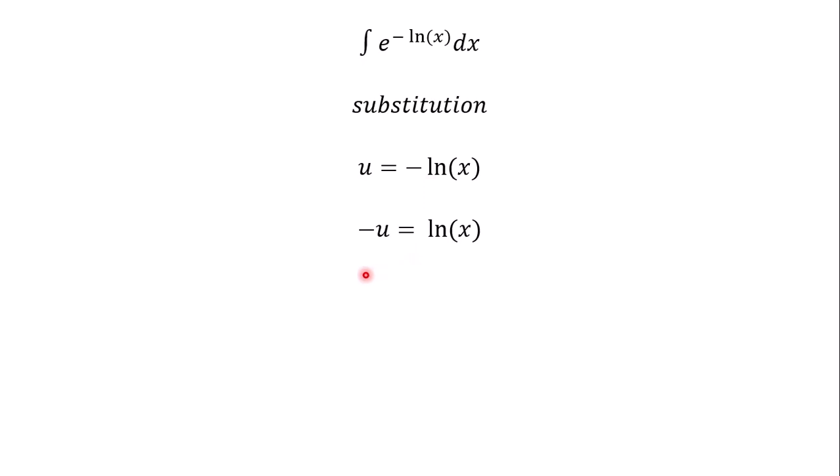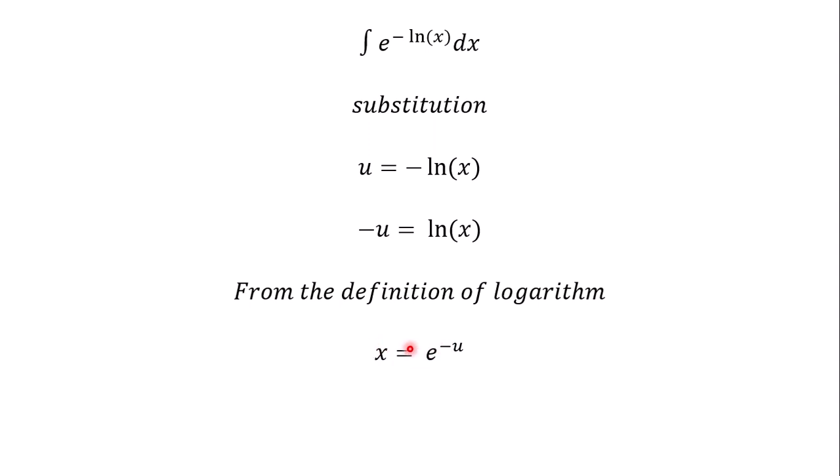Now, from the definition of logarithm, x is equal to e to the power minus u. So here we are going to differentiate. When you differentiate this, you are going to get dx equal to minus e to the power minus u du.